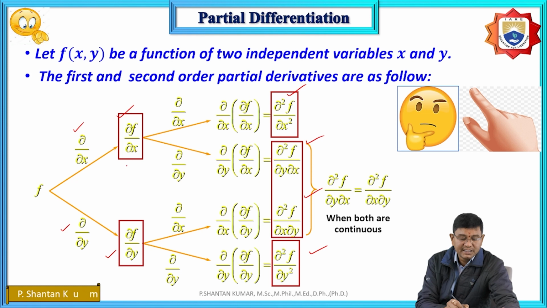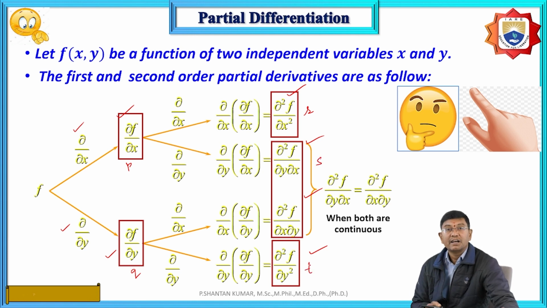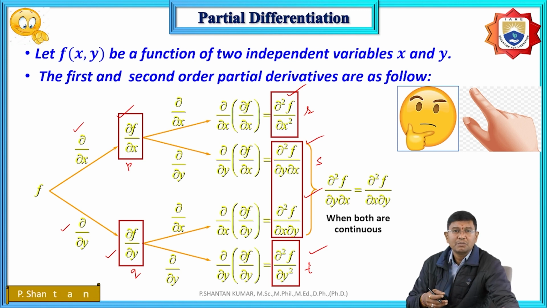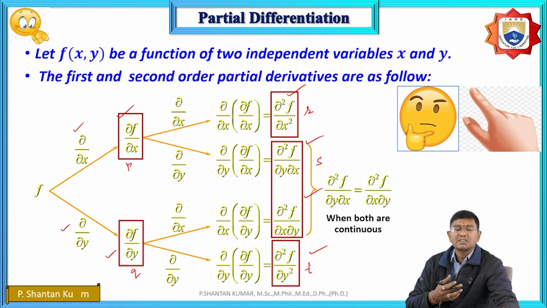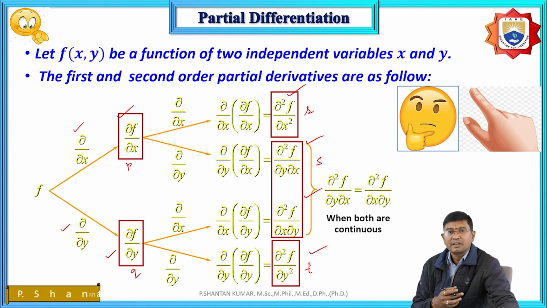Sometimes these are denoted p, q, r, s, and t. In some books, authors mention p as p and q as q, r as l, s as m, and t as n. But these are the standard forms of first and second order derivatives with respect to x and y for the given functions.